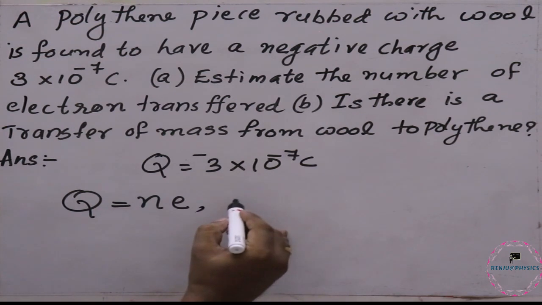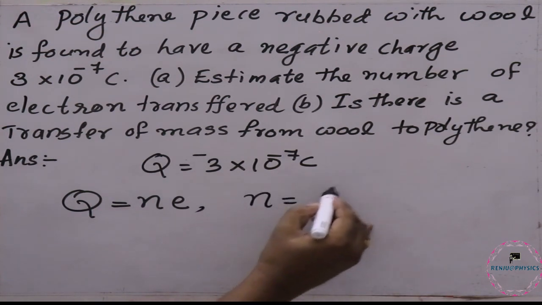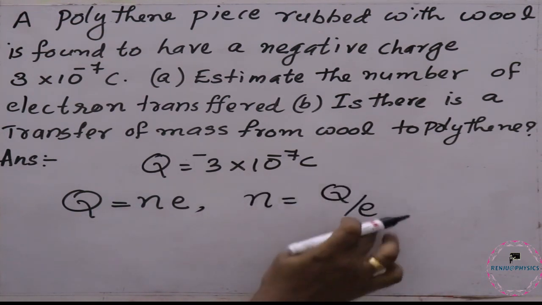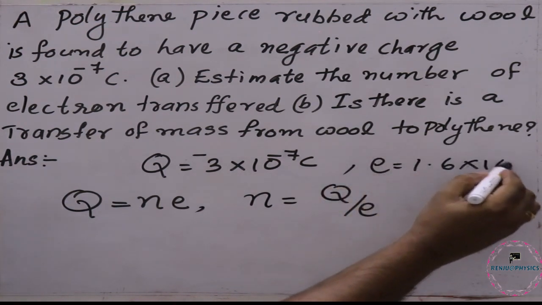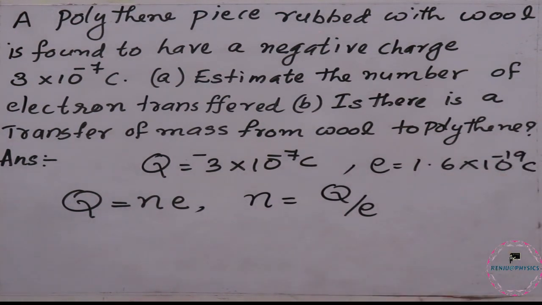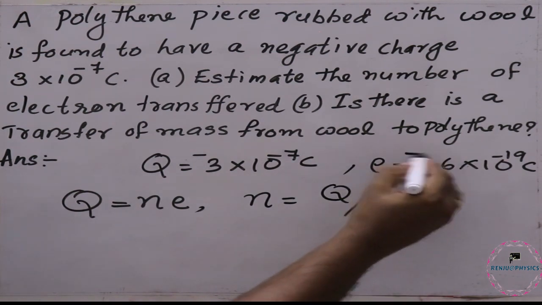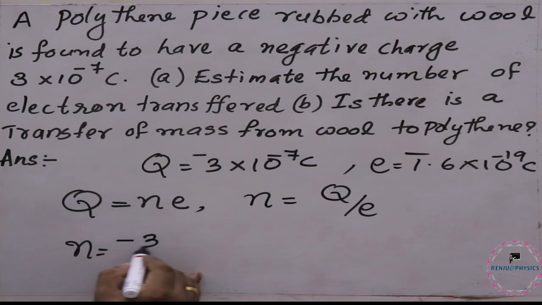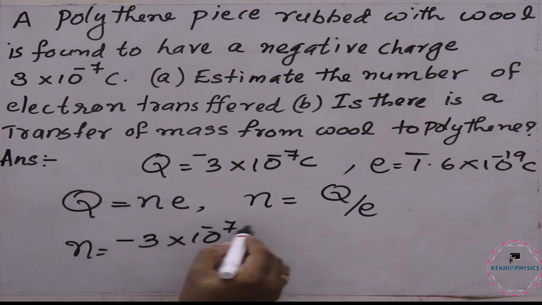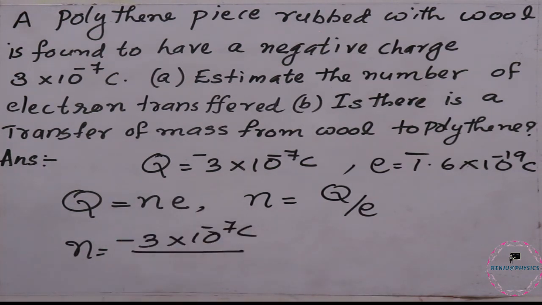From this equation we can find the number of electrons, N is equal to Q by E. Here the value of E is 1.6 into 10 raised to minus 19 coulomb, that is the charge of an electron, with a negative sign. So the number of free electrons is given by Q, minus 3 into 10 raised to minus 7 coulomb, divided by the basic unit of charge, minus 1.6 into 10 raised to minus 19 coulomb. So the negative will cancel.